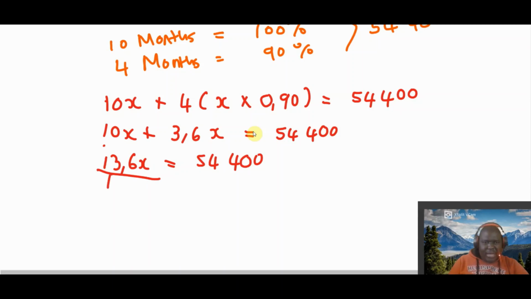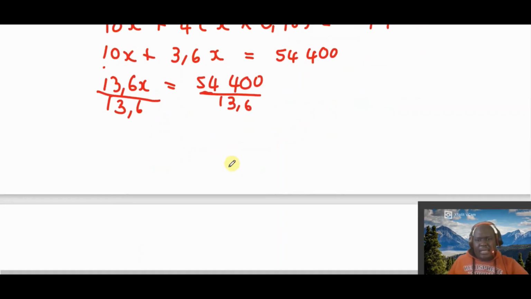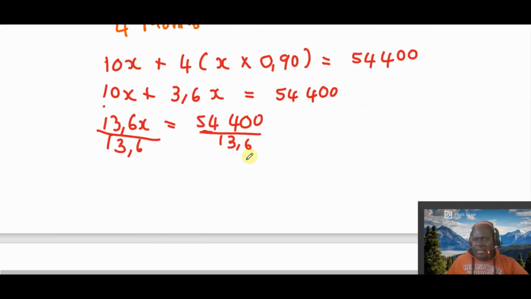So we'd have 13.6 and then 13.6 here, and then $54,400 divided by 13.6 gives us 4,000. So the x that we were looking for, the x is equal to 4,000. So this means this is how much they were paying before the reduction.